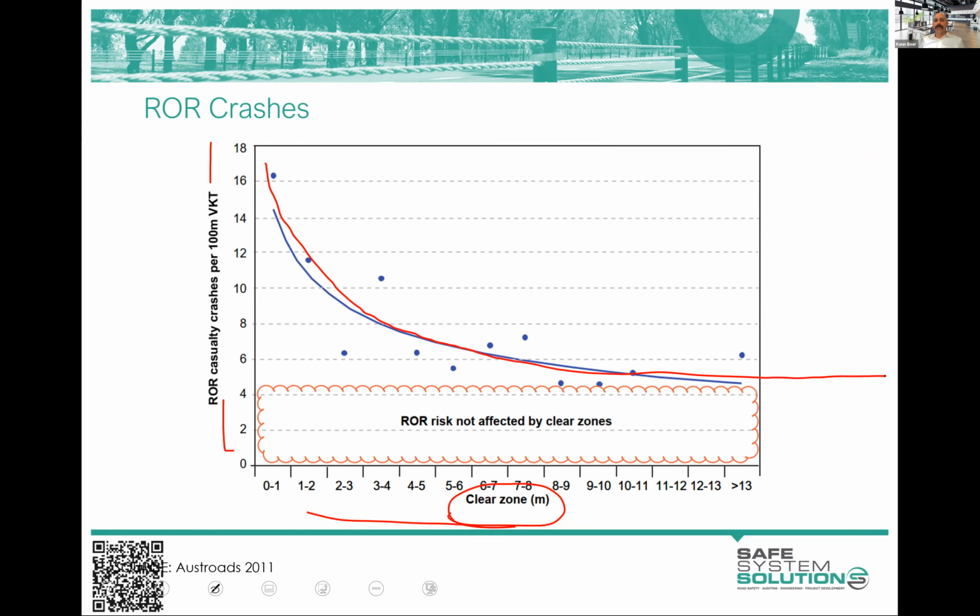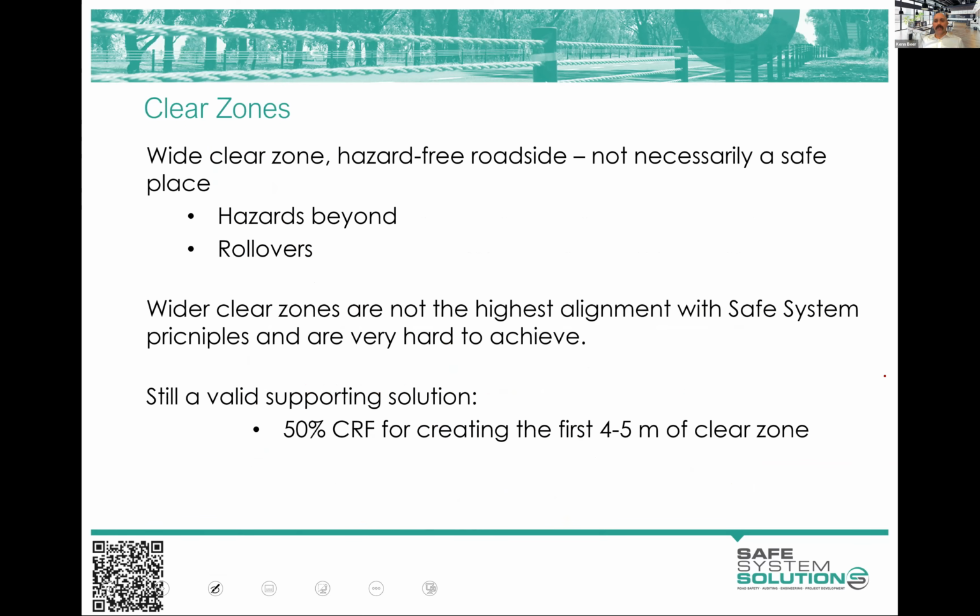Now, there's a lot of recent research on this. What we've discovered with clear zones from all of that research is that they're not necessarily a safe place to be. Vehicles are going well beyond what we have as documented clear zones under different clear zone graphs and the like, and they're rolling over within the clear zone.